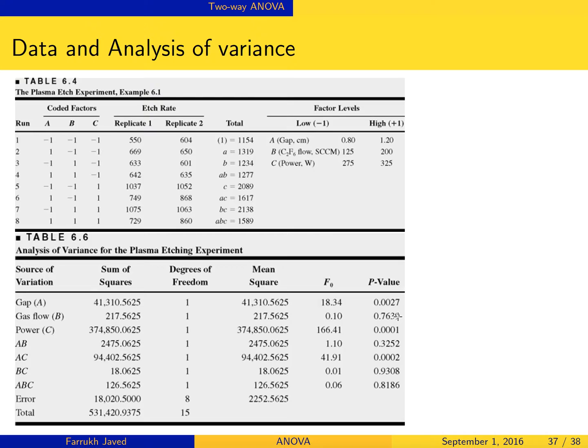We couldn't see a significant difference at different levels of gas flow. Power was significantly behaving differently with respect to levels. There was no interaction between gap and gas flow. There was no interaction between power and gas flow, but there is an interaction between gap and power. Here we reject our null hypothesis of no interaction.